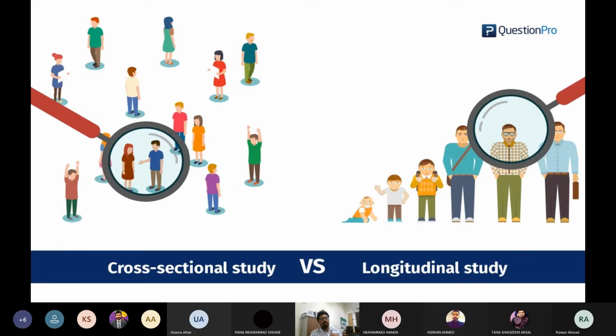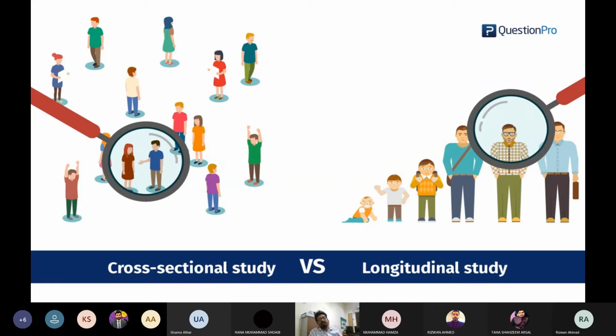But as you are postgraduate students, a longitudinal study, which takes a long time, 5-10 years, is very difficult for you to do. So most of the students, or well, I would say all of the students, would be using a cross-sectional study, in which you analyze a phenomenon in a certain area at a certain time and collect that data at the same time period.